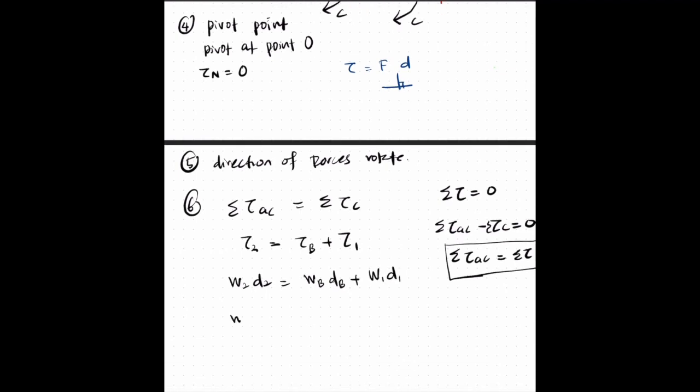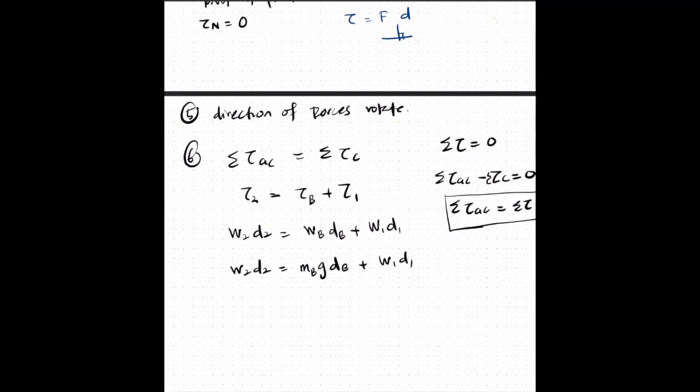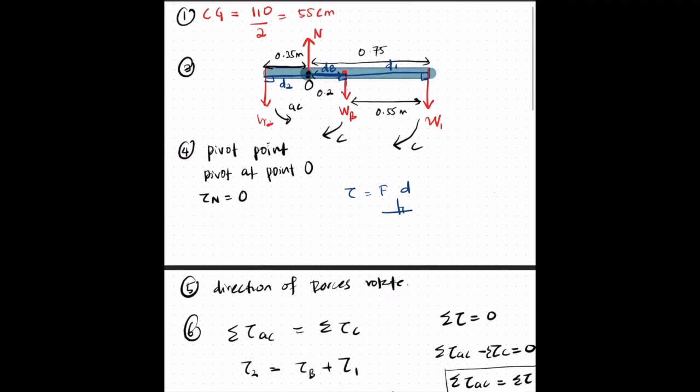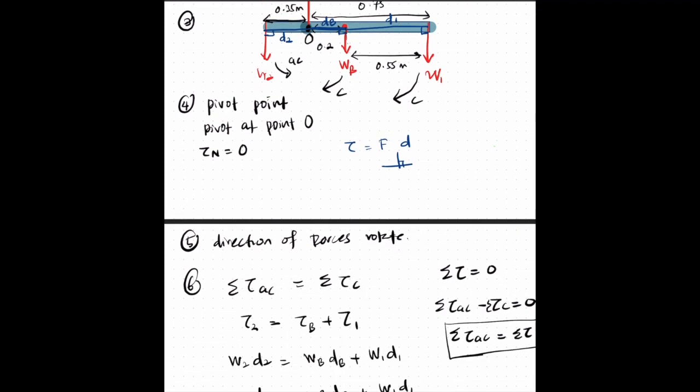Substitute all the values. We have W2 D2 equal to weight B, given mass B. Weight B is mass B times g, times dB, plus W1 D1. Substitute the given values: 23 Newton for weight W2, and D2, given from the axis of rotation to W2, is 0.35.